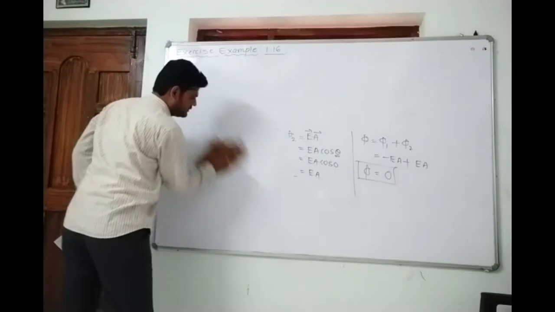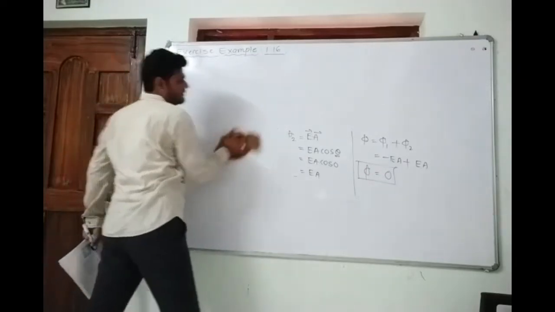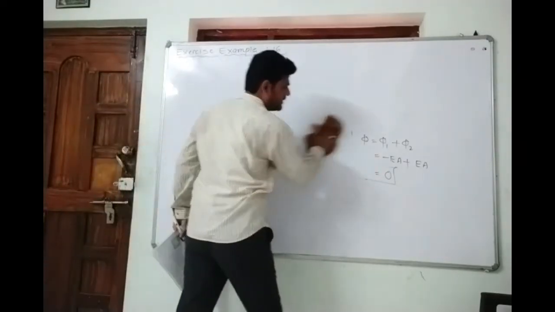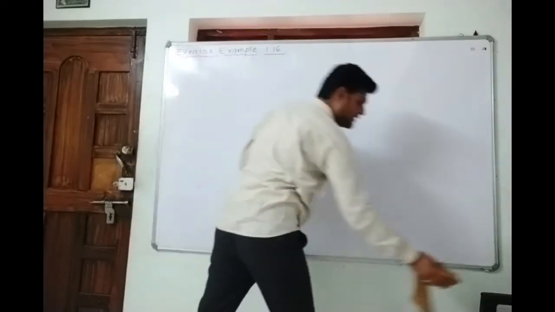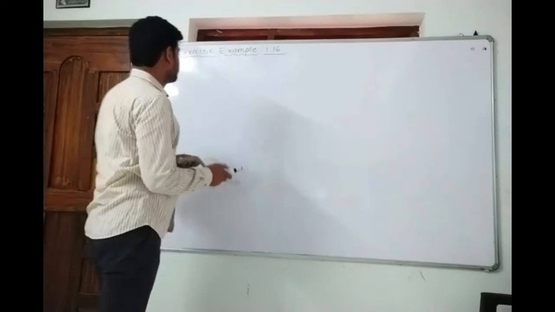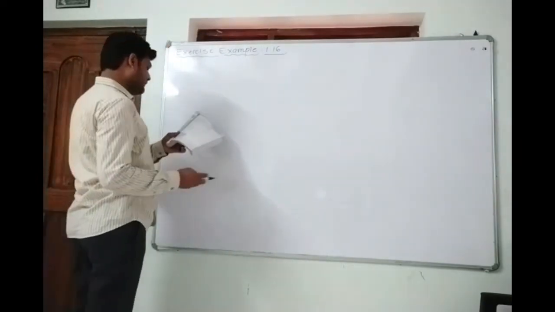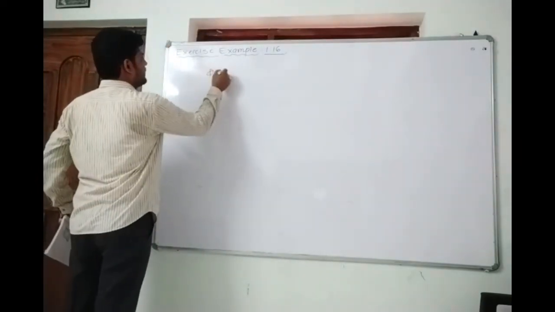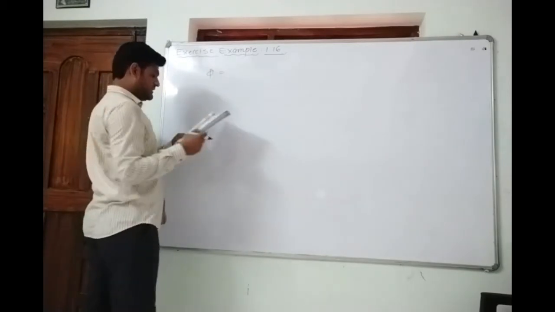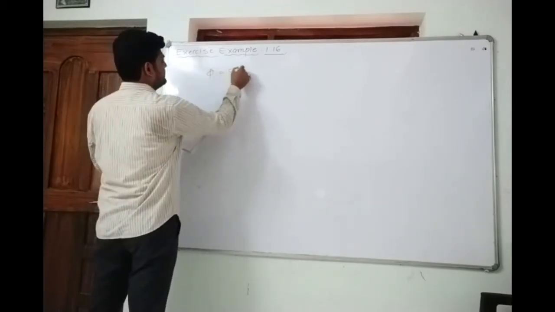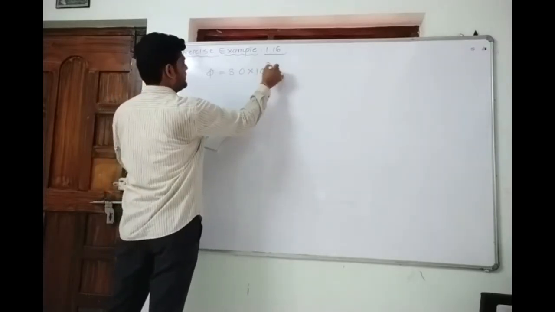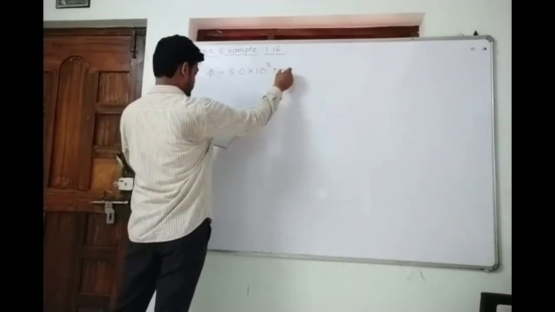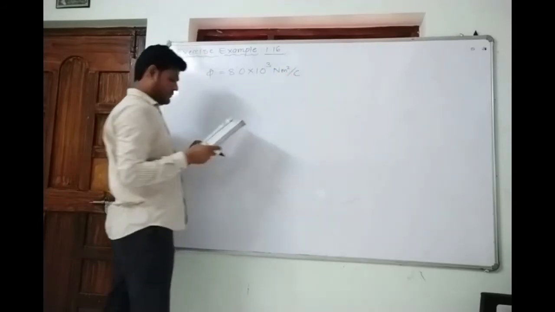We are going to write the data given in the question. First of all we make the list here. What is given: the flux coming out through the box is 8.0 times 10 to the power 3 newton meter square per coulomb.